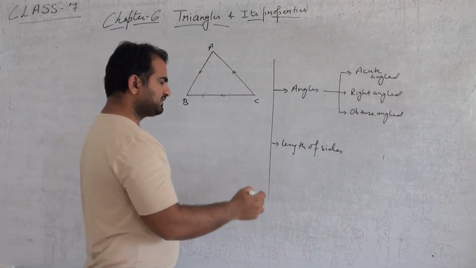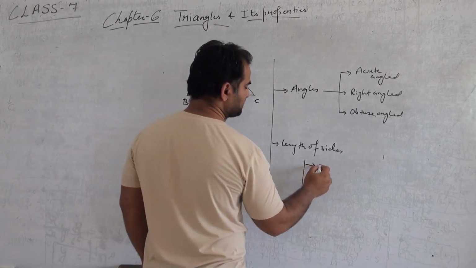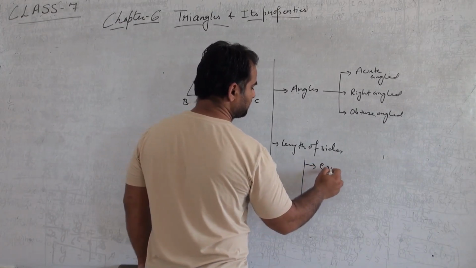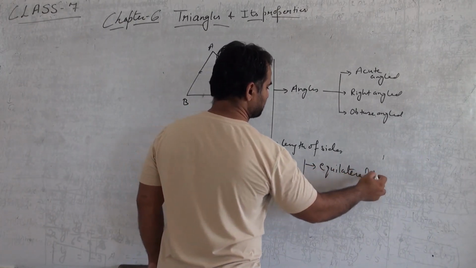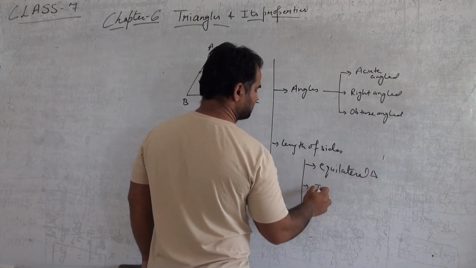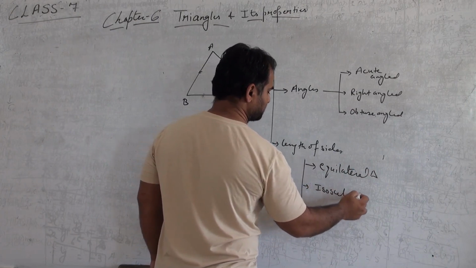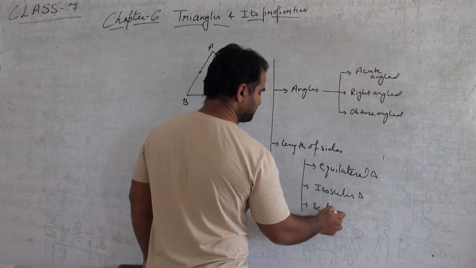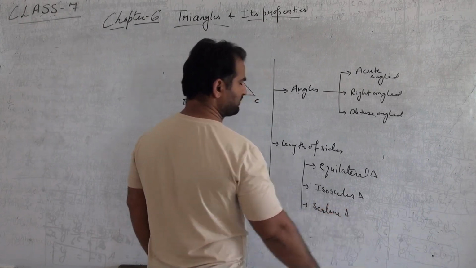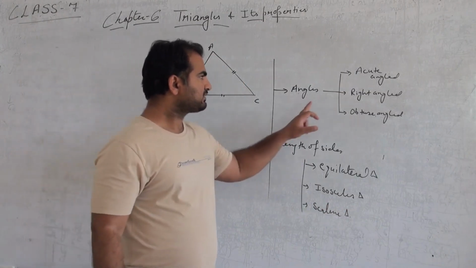And on the basis of sides, three types of triangles are: first is equilateral triangle, second is isosceles, and third is scalene triangle.